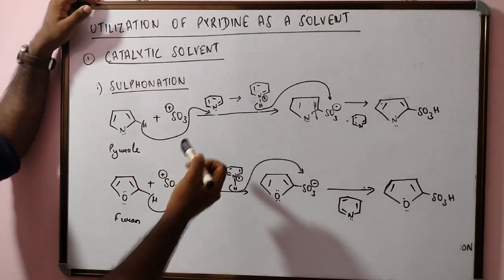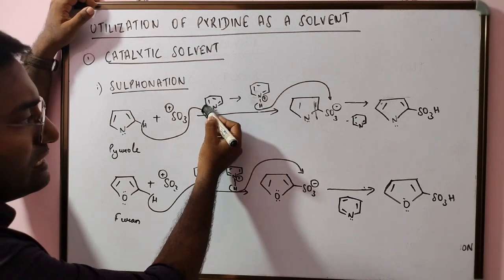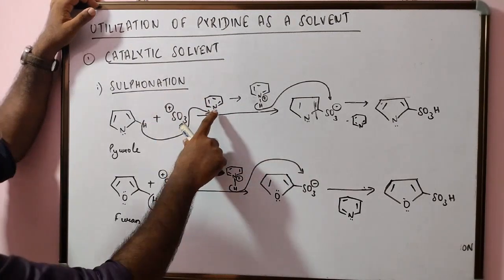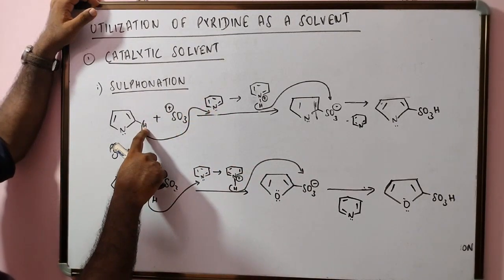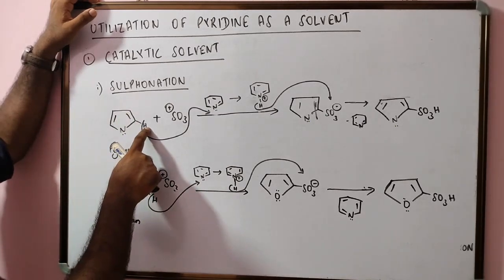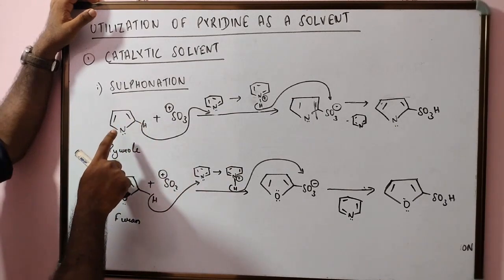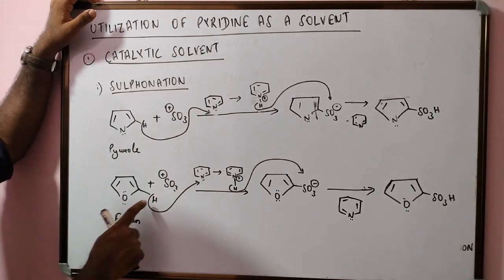Here, the lone pair of electrons on the nitrogen atom of the pyridine ring attracts and forms a bond with the most vulnerable hydrogen atom of the ring, that is the hydrogen atom that neighbors the electronegative atom of nitrogen and oxygen.